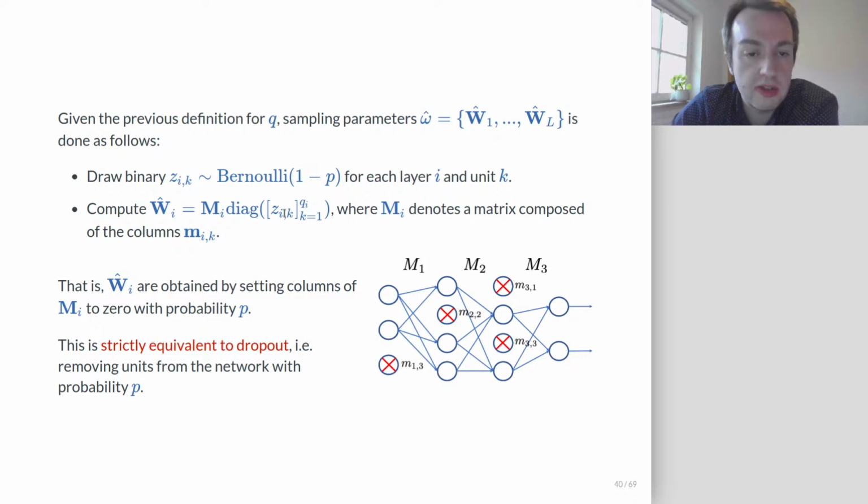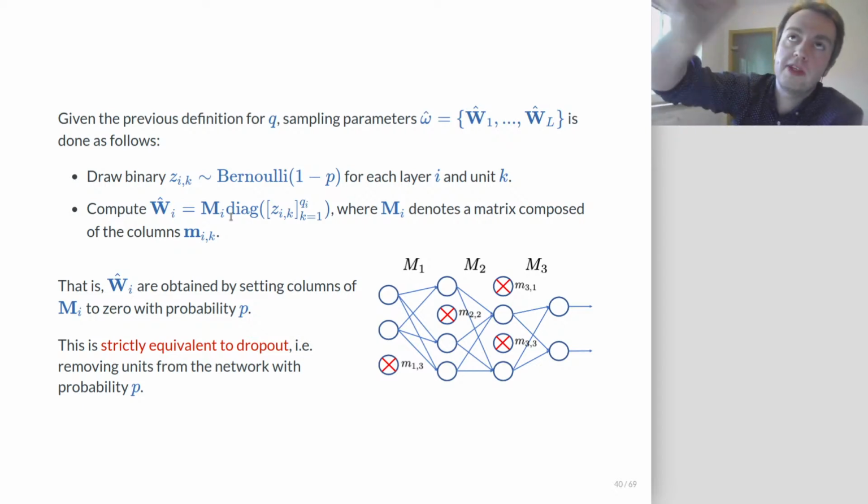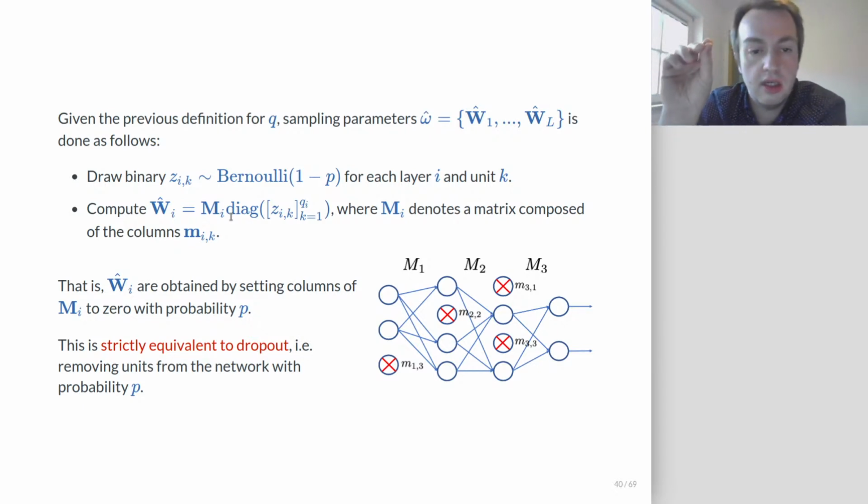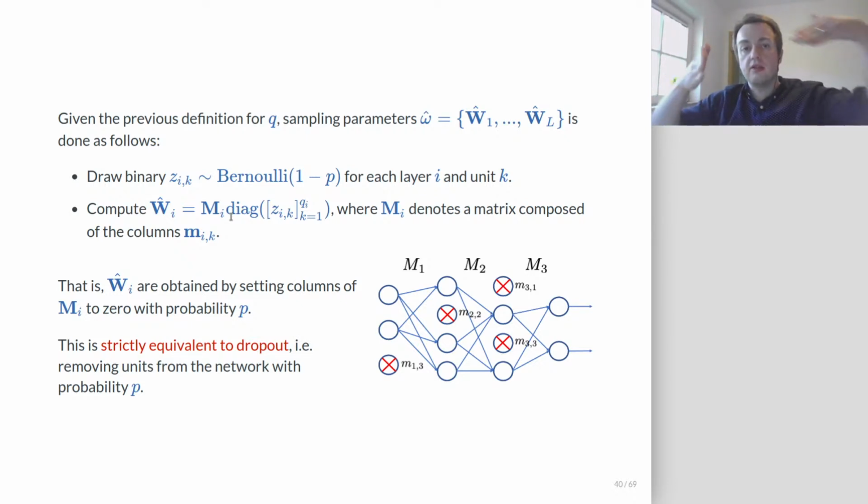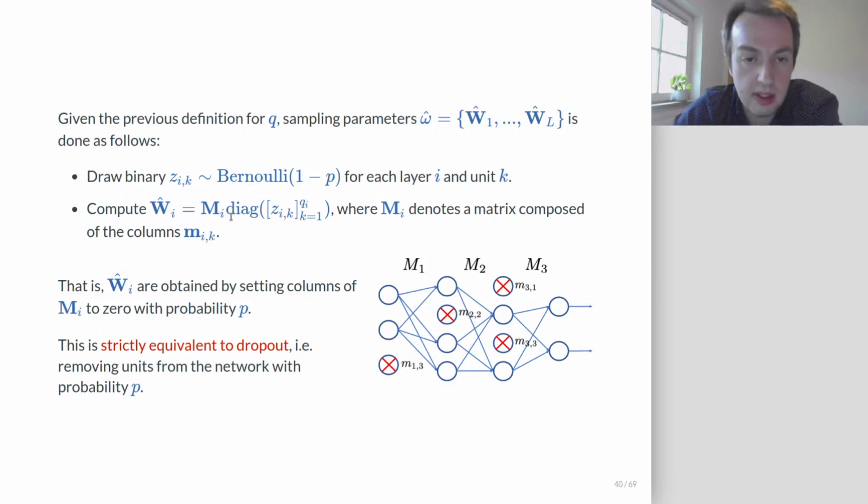That is the same as just saying that you are using for Wi the matrix Mi, in which you have set some of the columns to 0, with probability p. That's the same as saying I'm disabling this node ik with probability p, and when I say I'm disabling it, that means I'm setting all the weights connected to it to 0. And this is strictly equivalent to dropout, which is about removing units from the network with probability p.